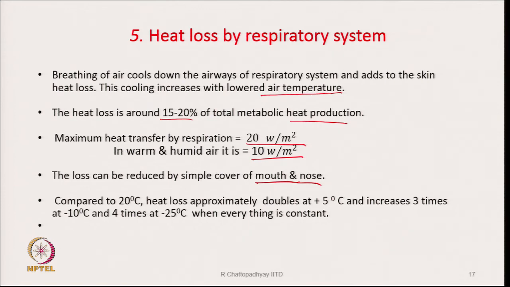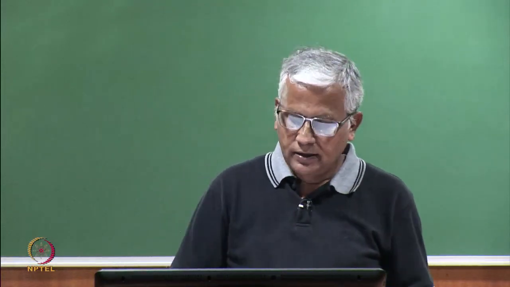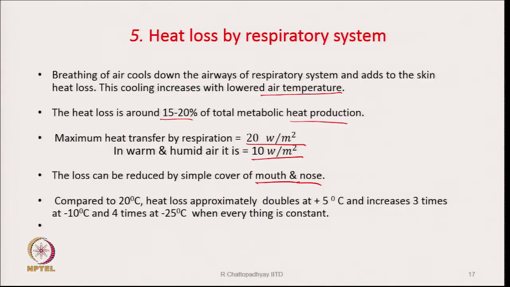Many of us will find that when we are moving outside the home in winter, we try to cover the nose and the mouth with a muffler, or with a shawl also. So, this is going to reduce the heat loss and it will keep you a little warm. Compared to 20 degree centigrade, heat loss approximately doubles at 5 degree centigrade.